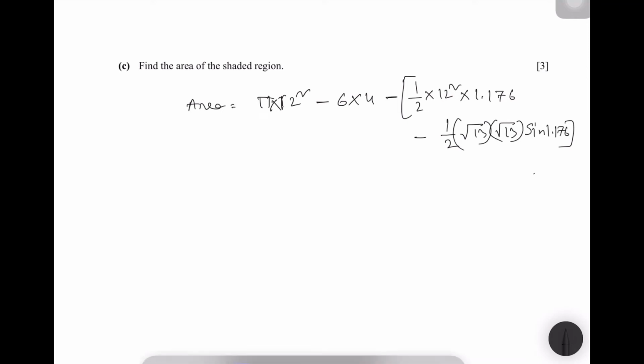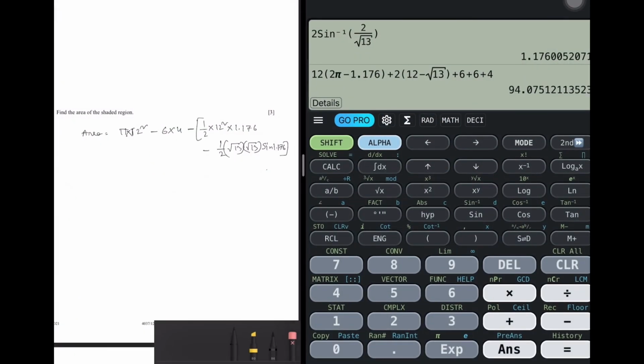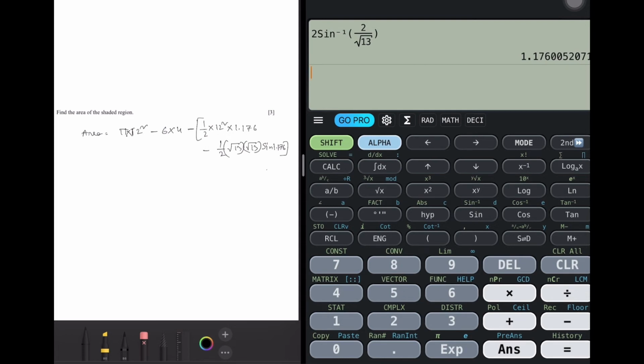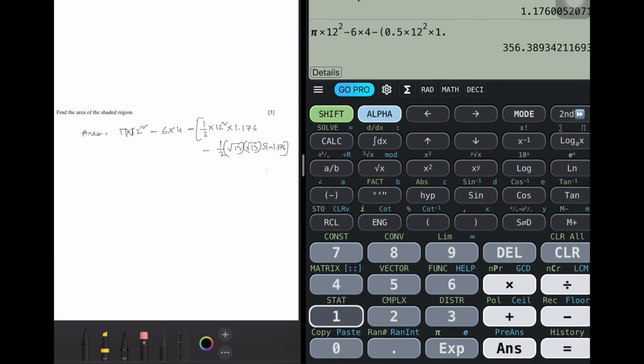So let us check. Shift pi into 12 square, minus 6 into 4, minus 0.5 into 12 square into 1.176, minus 0.5 into 13 sine 1.176.